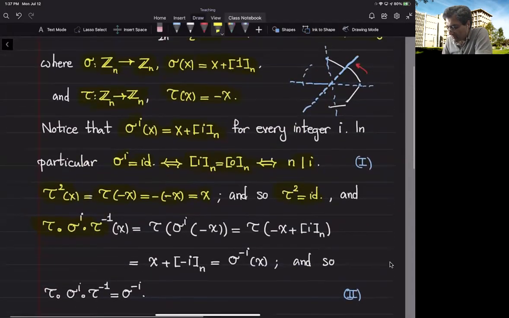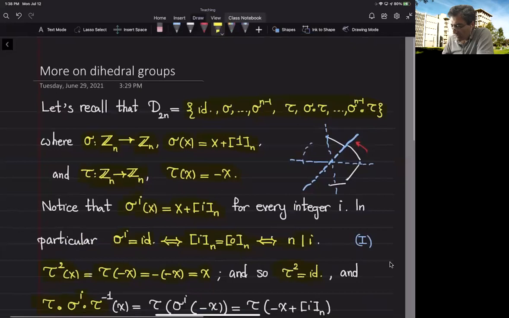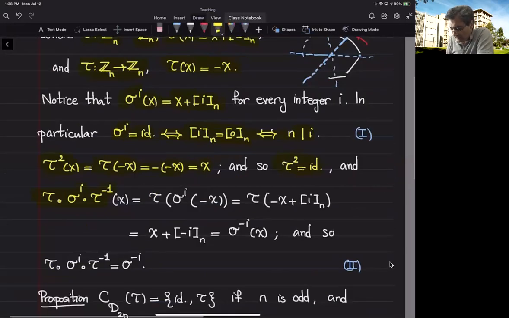But remember, tau inverse is simply tau. So that's why I'm conjugating sigma to the i by tau, and I'm trying to understand what it gives me. Tau inverse is simply tau, as we have just pointed out.